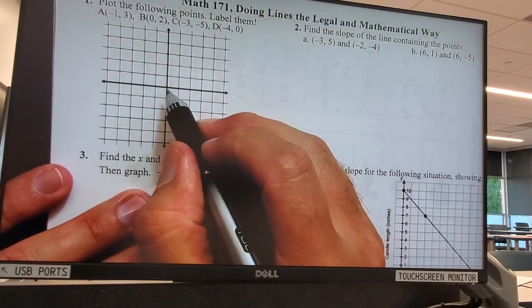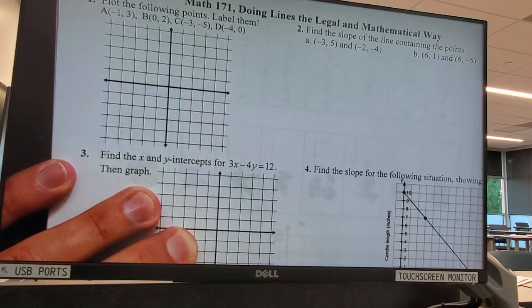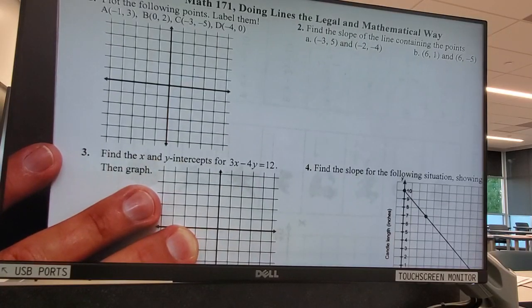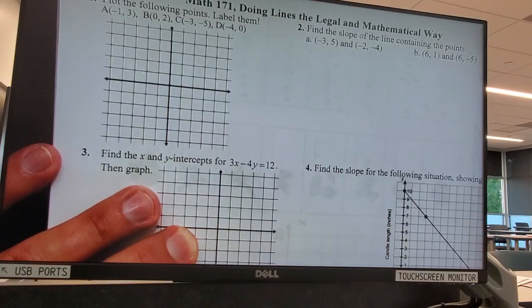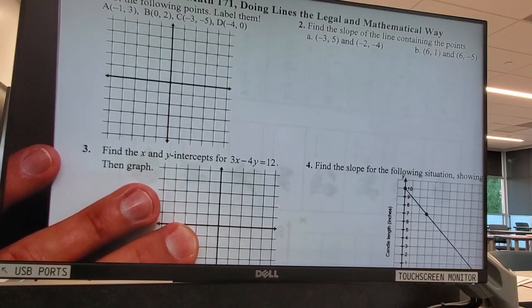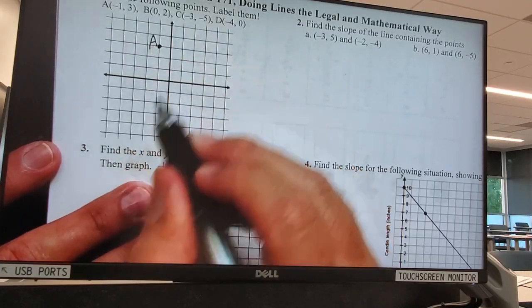I don't think anybody should have had trouble with this, unless you're a chronic overthinker. You'll do yourself in if you're a chronic overthinker. So, guys, please, if you have a problem like this, label your points. So -1, 3, put an A next to it.